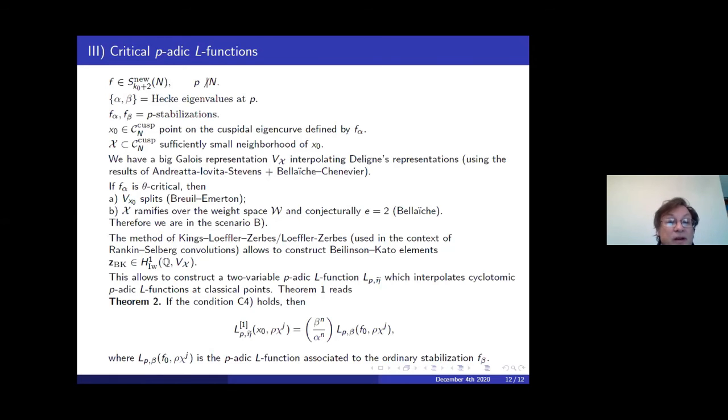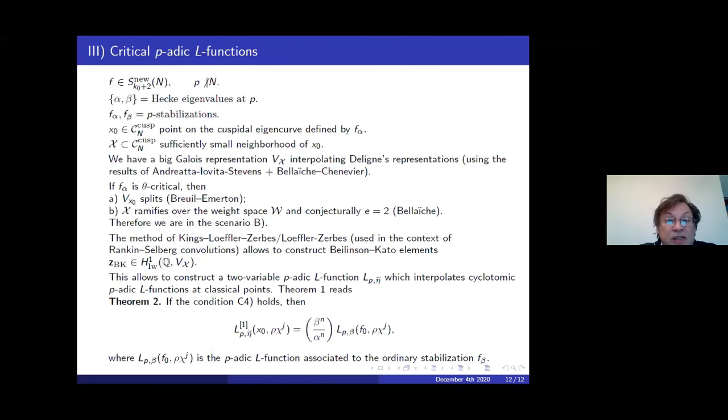So we can apply our machinery, putting in as ingredient the Beilinson-Kato elements in families, which live in global Iwasawa cohomology. This provides us with a two-variable P-Adic L-function, which satisfies the following properties.